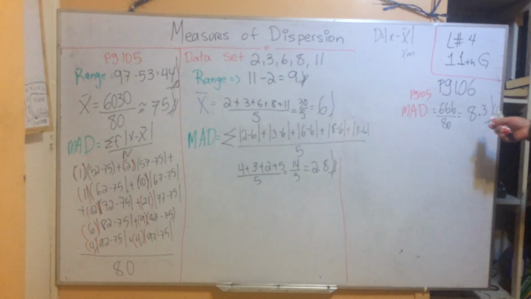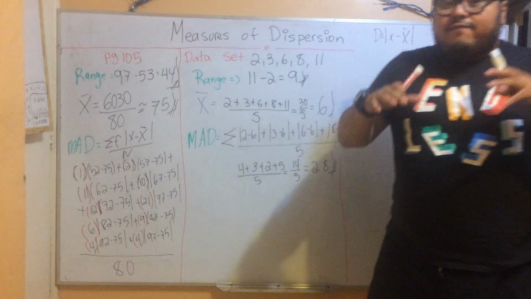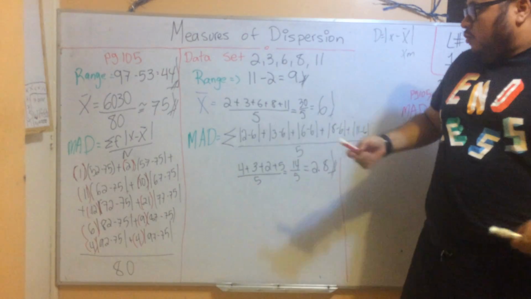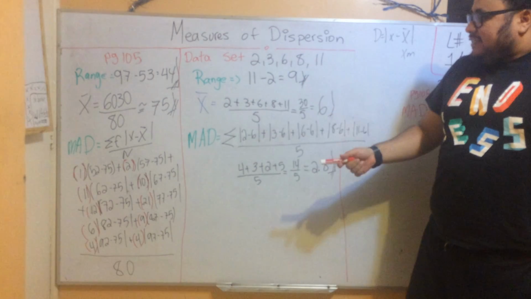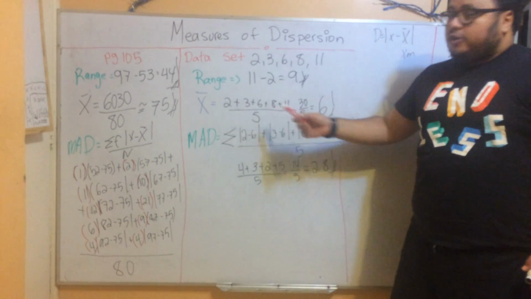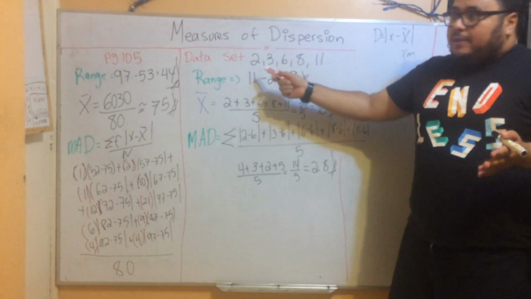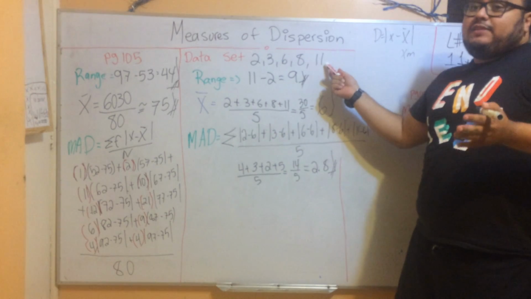Now let's review. How do we get this number? We put it here because we have a group of numbers divided in the frequency table. When we have just a data set, we only need to add them because we don't have a frequency. We don't have how many 3s or how many 8s or 5 11s.